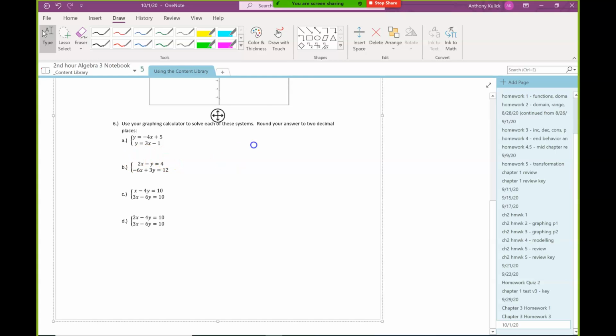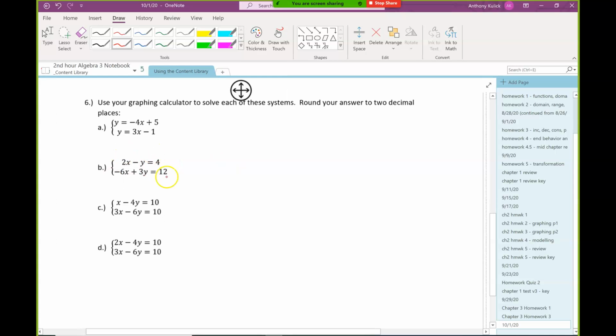So for B, to put this into our calculator, we'd have to start by getting the equations into slope-intercept form. So for the first equation, I need to subtract the 2x over and then divide by -1. And then for the second equation, I have to add the 6x over and divide by a +3.